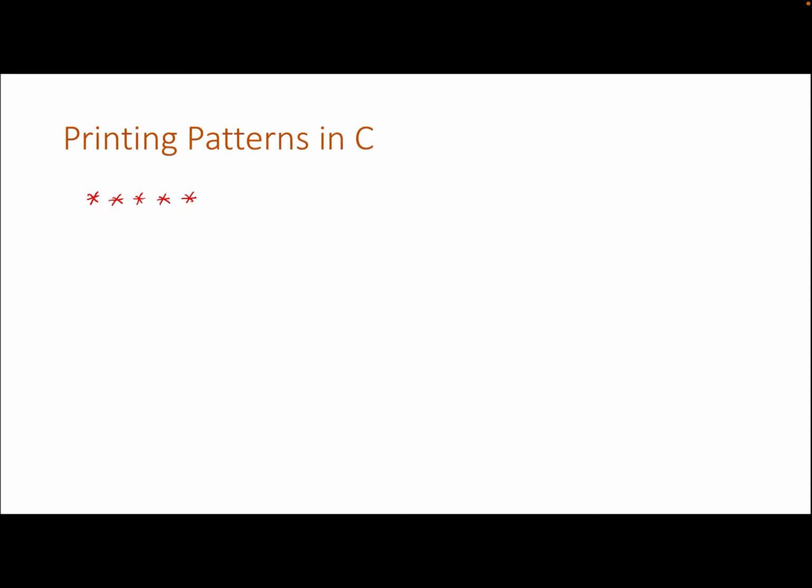Suppose we don't have the concept of loops so far. We just know printf statements. So how to print this star pattern using multiple printf statements? So I will write it like this.